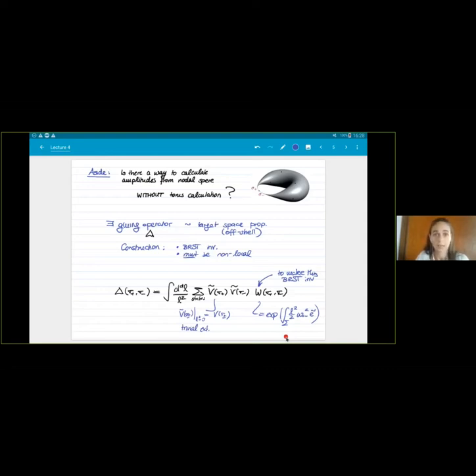We can calculate amplitudes from the nodal sphere with this gluing operator approach. I should say that it's not clear how to extend this beyond one loop. And if you have smart ideas, or any ideas for that matter, after the end of this, just think about it and publish it, because it's genuinely an open question right now, though I should say I don't think it's an easy question.